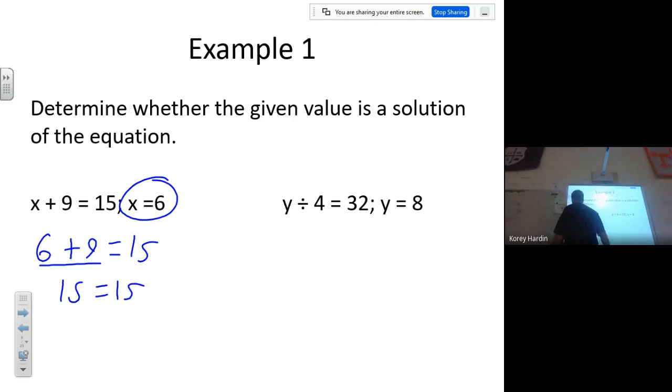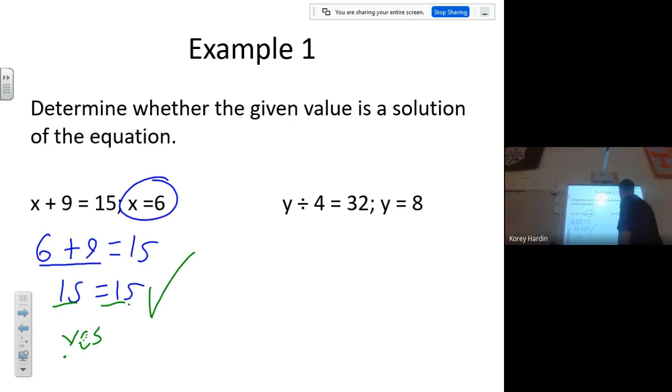And you'll see that 15 equals 15. Now, if these numbers are the same, Johnny's right. So you give Johnny a check mark. Yes, this is a solution.